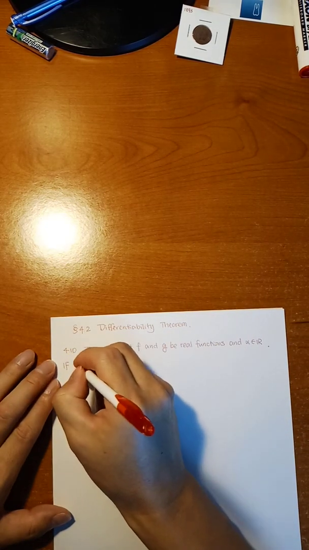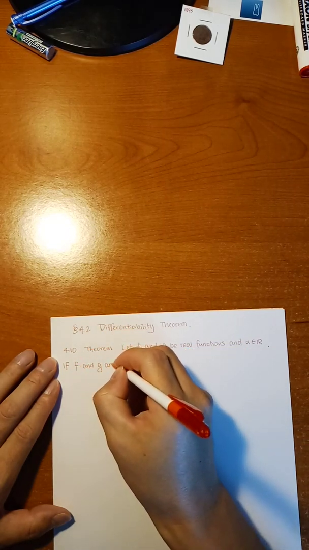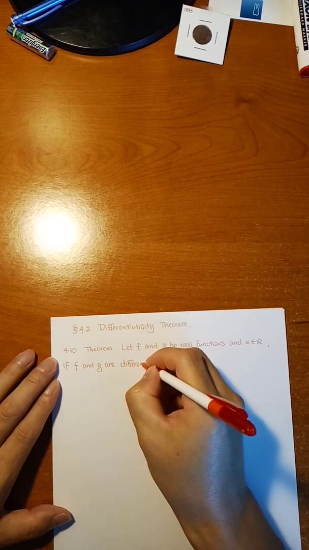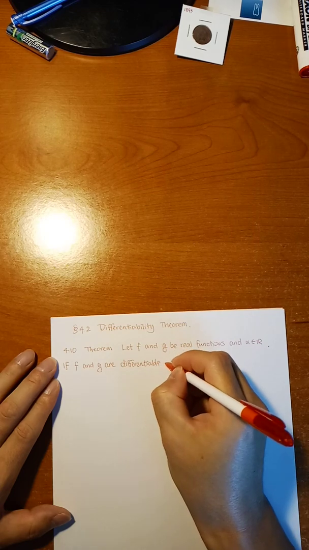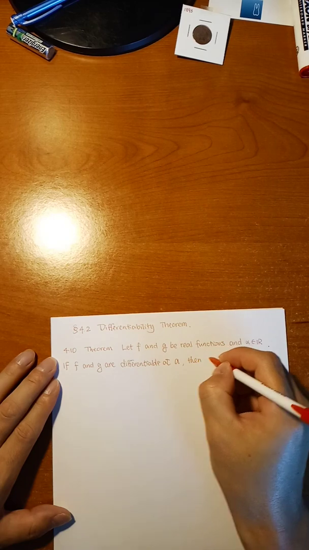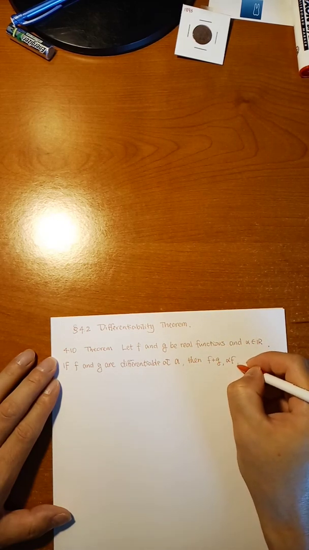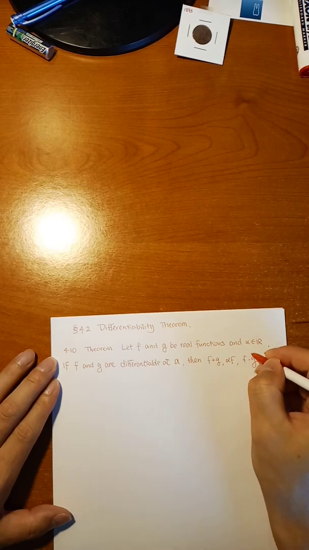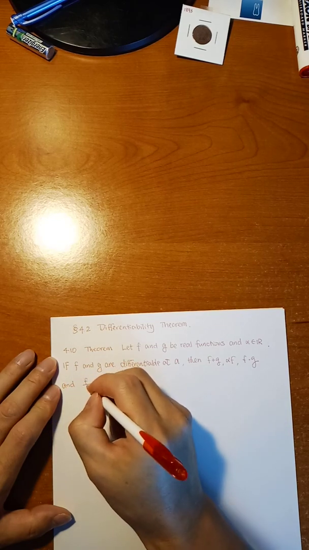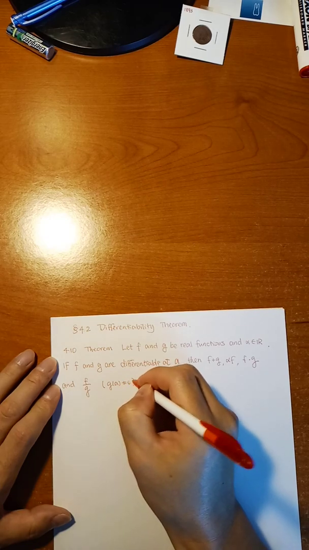If f and g are differentiable at a point a, then f plus g, alpha times f, f times g, and f over g, here we have a condition, g of a is not equal to 0.